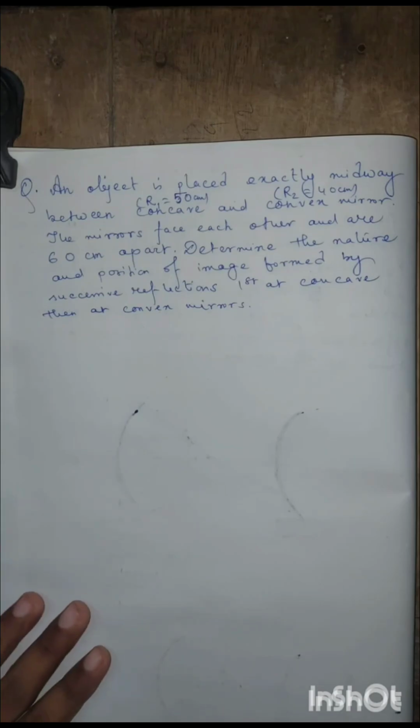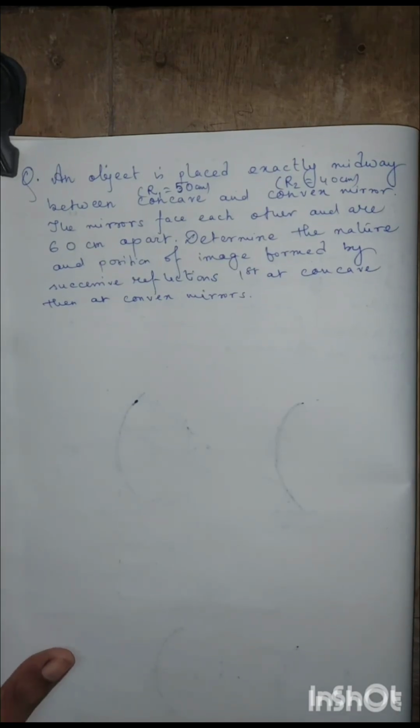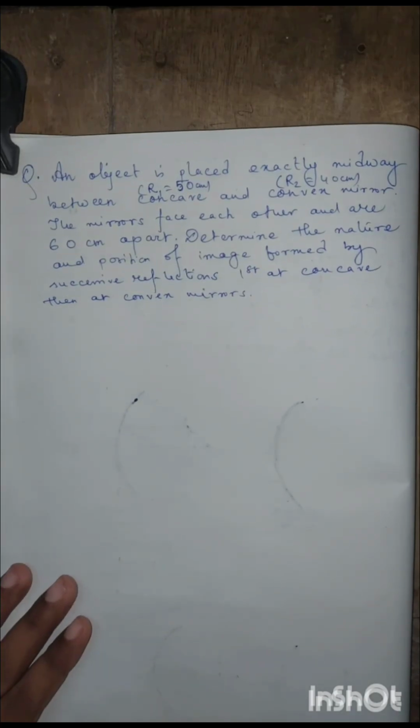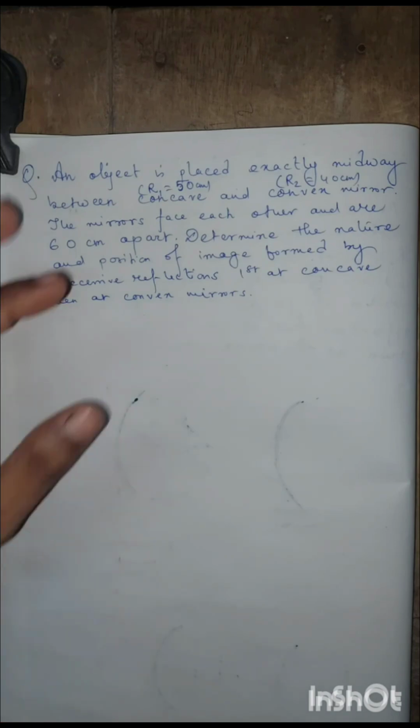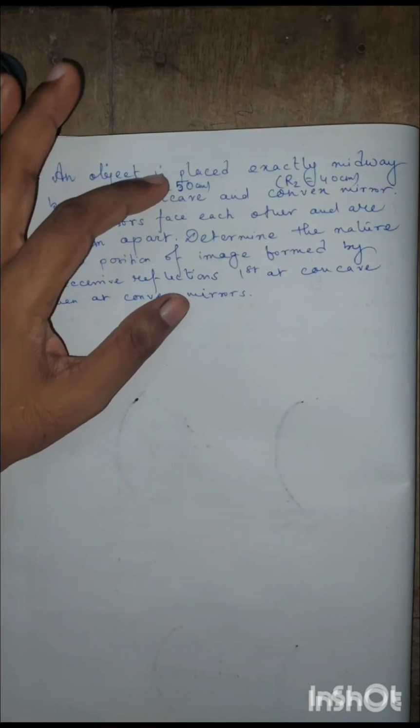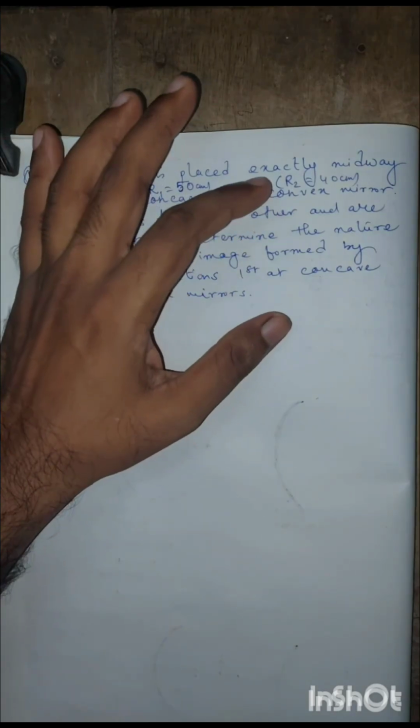So, this is our question, which says an object is placed exactly midway between a concave and a convex mirror. The radius of curvature of the first mirror is 50 centimeter. Radius of curvature of the second mirror is 40 centimeter.